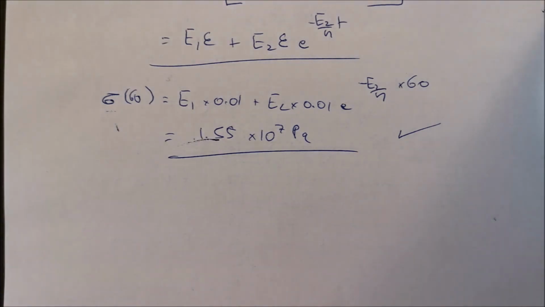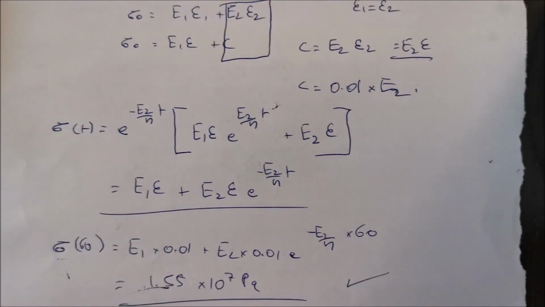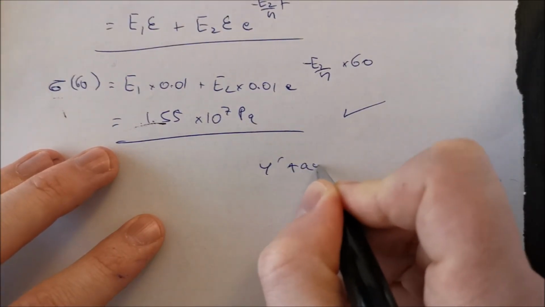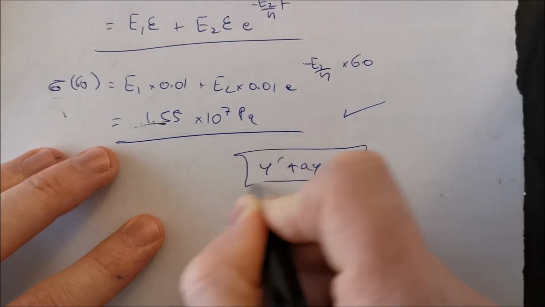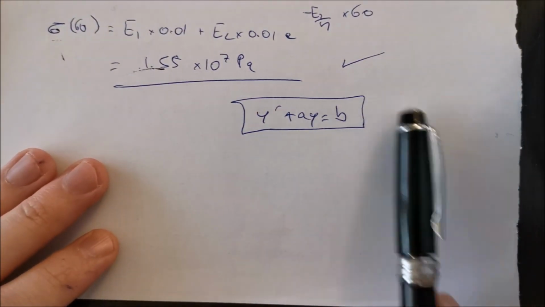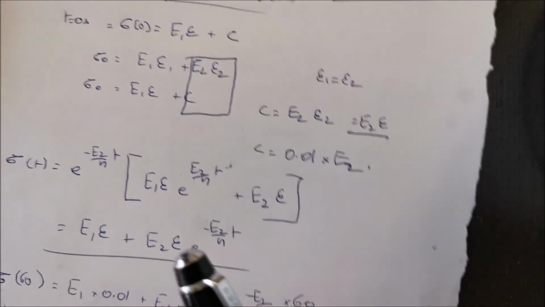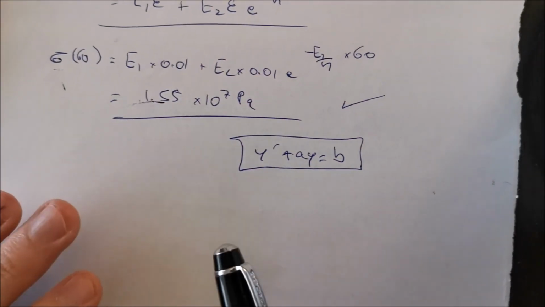In the second problem, on the other hand, the objective was just to remind you how to solve a differential equation which has the form of y prime plus ay equal b, right? Because we already learned how to express stress and strain for this kind of model, today was more on how we solve it and how we calculate the constant for this kind of system, and what type of assumption we made to be able to get the constant and obtain the final stress value.